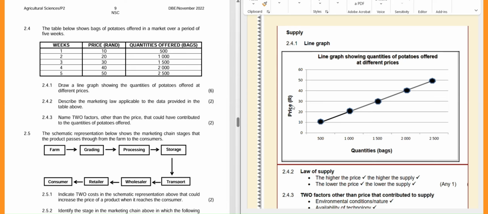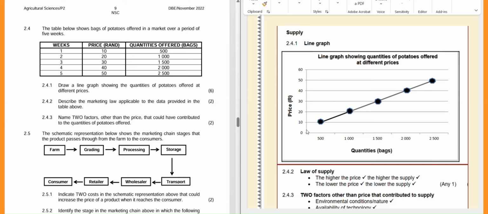We should indicate that this price is in rands. Should indicate the currency, and also the scale of these rands should be accurate, because as you can see, we move from 0 to 10, then 10, 20, 30, 40, 50, 60.